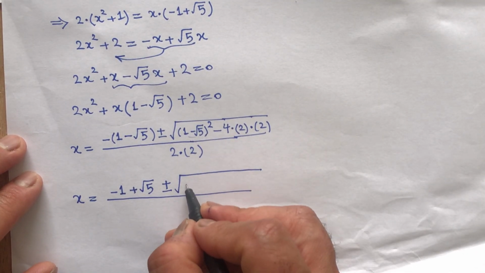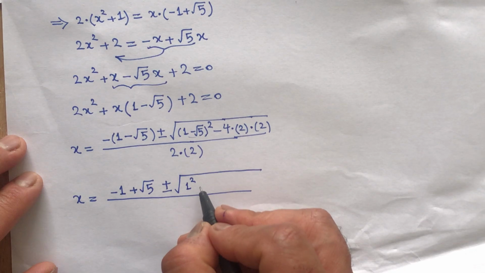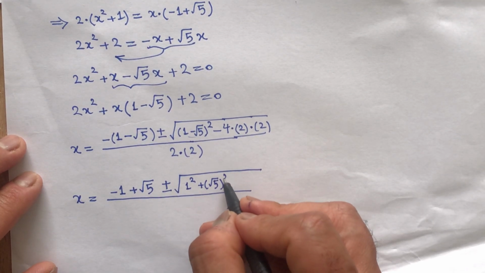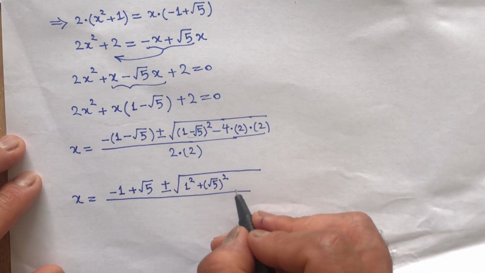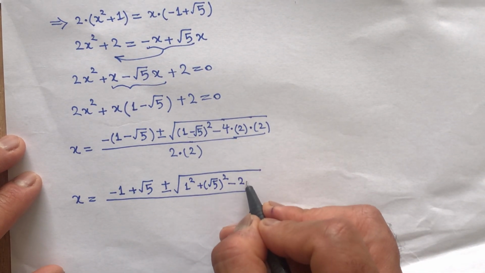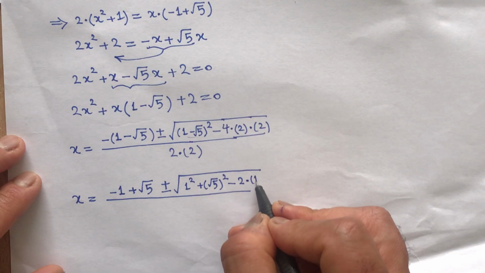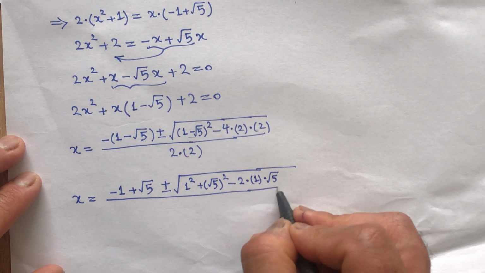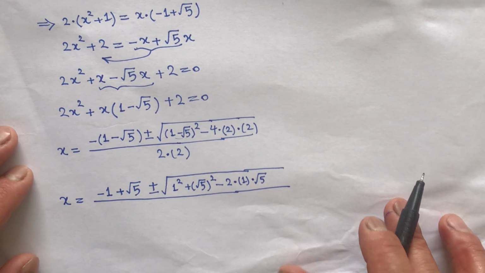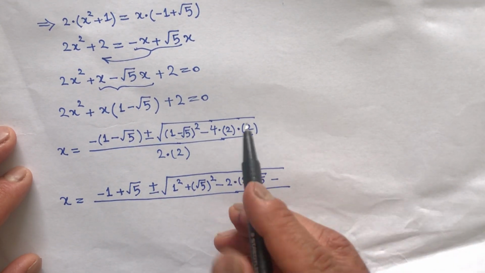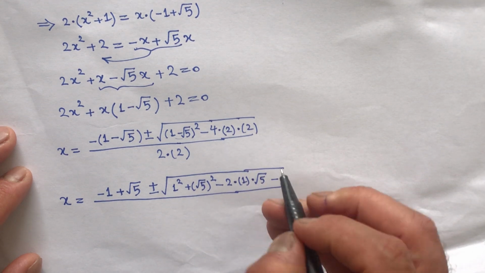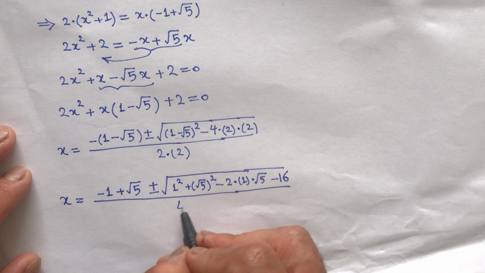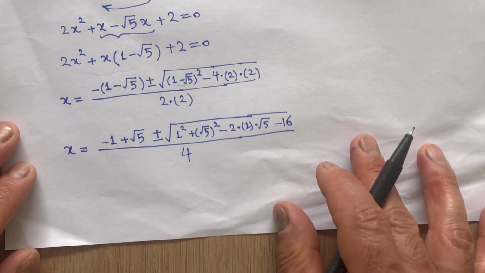The first one is a square, plus square root of 5 squared minus 2 times 1 times square root of 5. And then here minus 4 times 2 times 2, minus 16, over 2 times 2, which is 4.